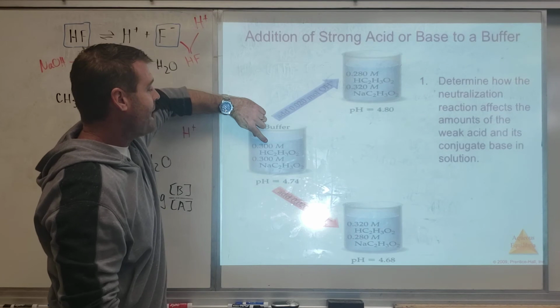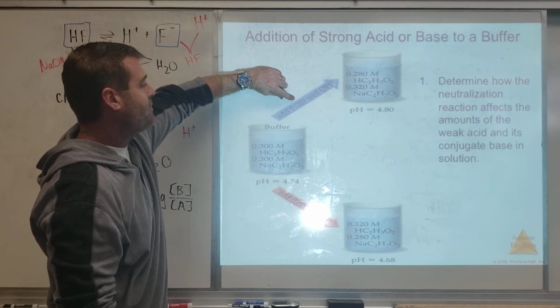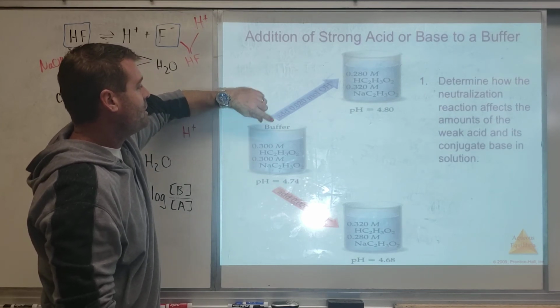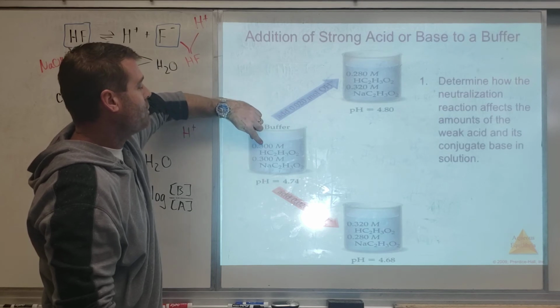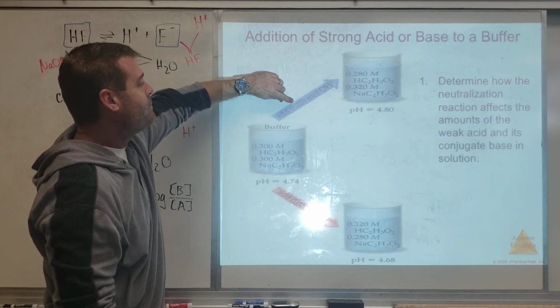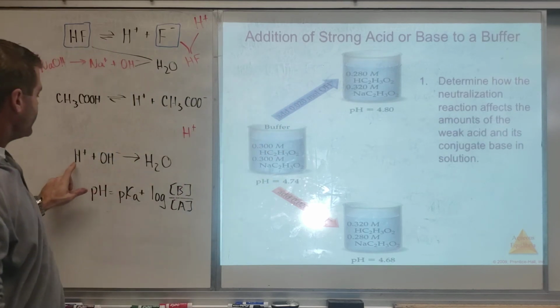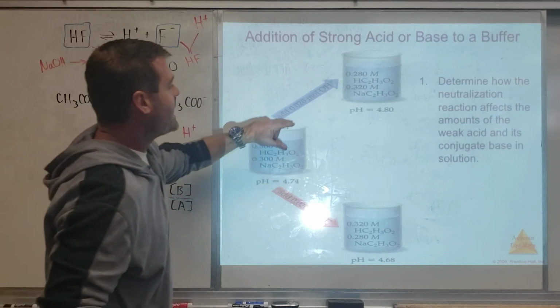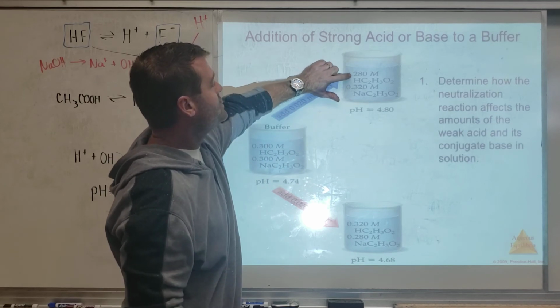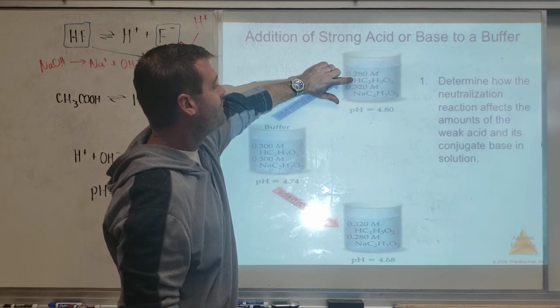Notice what you would expect. You'd expect the base to react with the acid. All of the strong base, you would expect to react. So what did we have? We had 0.3 molar acid minus 0.02 of it, which is going to combine with the base. You guys know the acid combines with the base to form water. So now instead of 0.3, we're going to have 0.28 molar of our acetic acid.